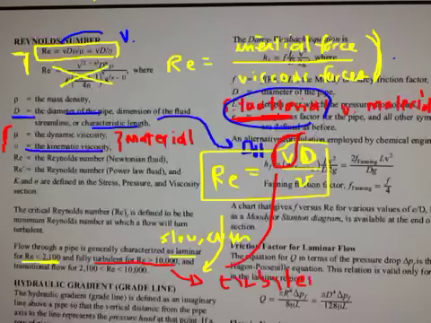Okay, and then in between these numbers, 2100 and 10,000 is kind of a transition region, but oftentimes 2300 is used as the mark between the Reynolds number. Notice it's dimensionless, as the transition from laminar to turbulent flow.